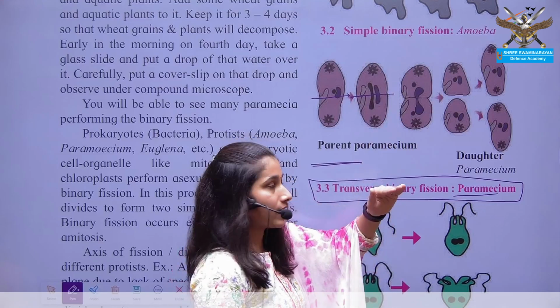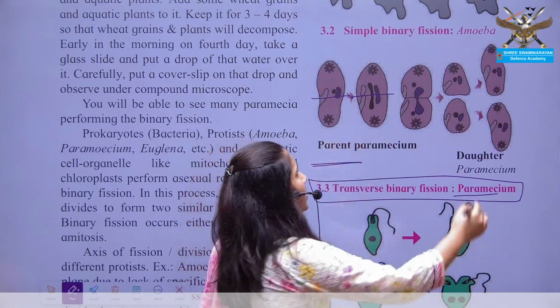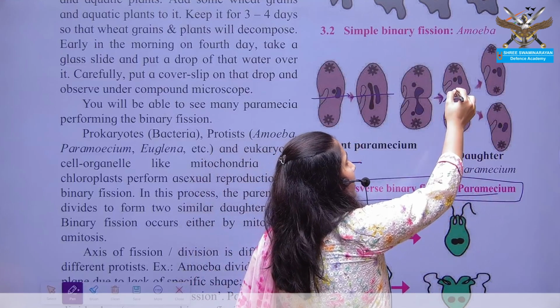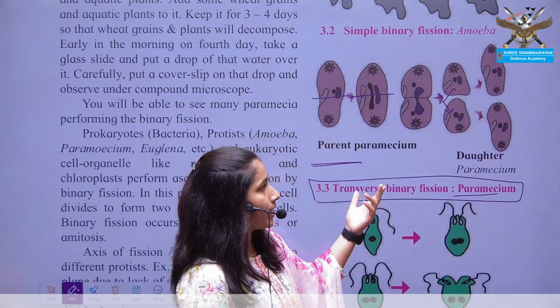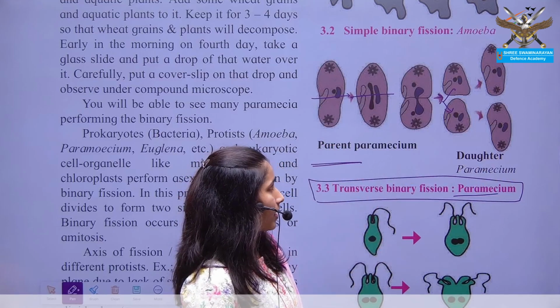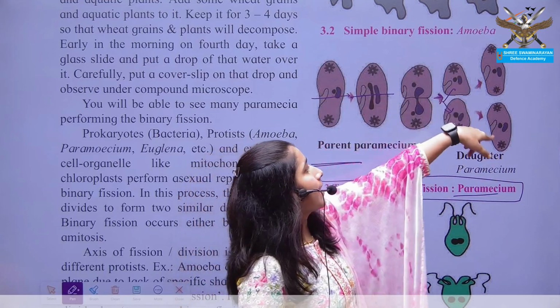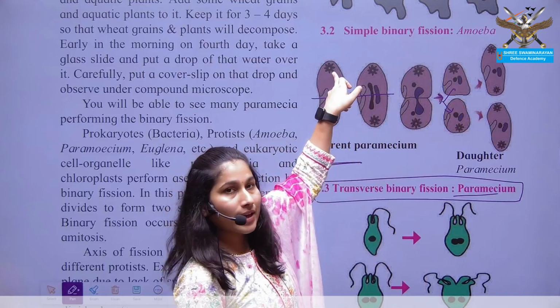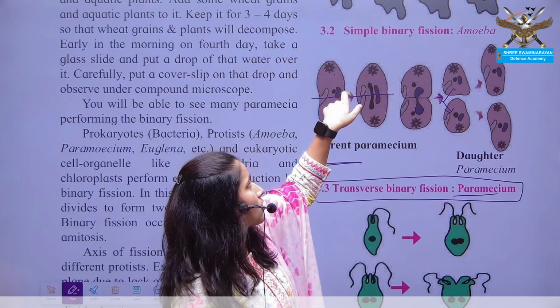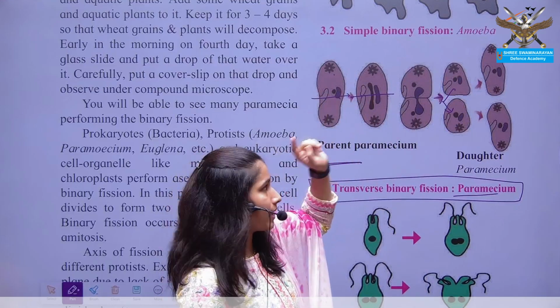By the horizontal cut, it divides into two parts, and slowly and steadily it forms two separate daughter paramecia. In each paramecium you can see each and every structure. Contractile vacuole is also seen, nucleus is also seen, cytopharynx is also seen.